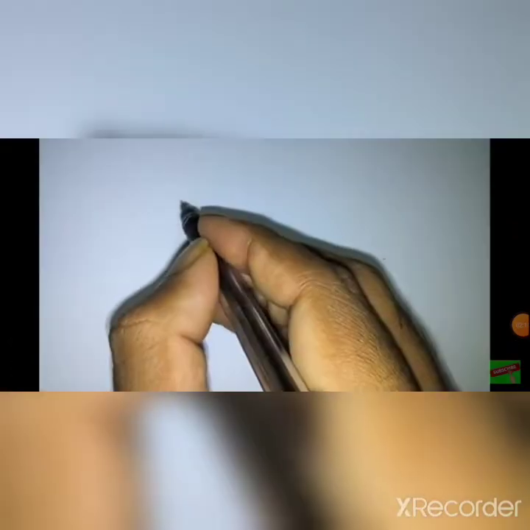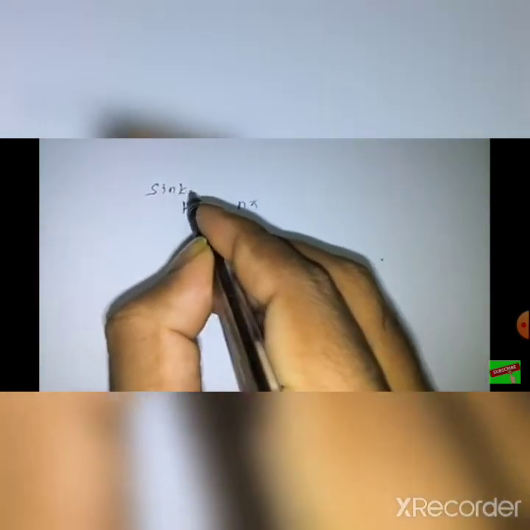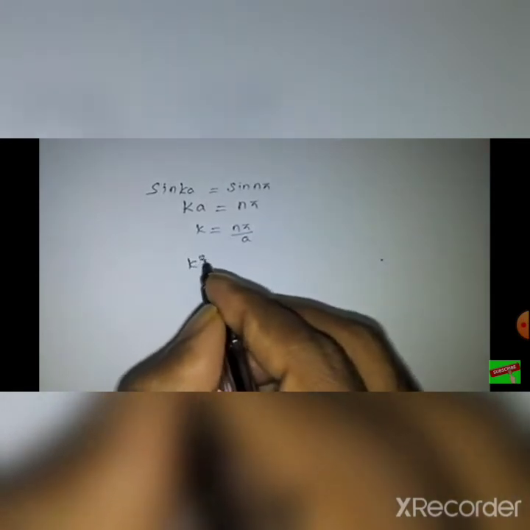After applying the boundary conditions, 0 and the length of the box, we continue: sin ka is equal to sin n pi. From that ka is equal to n pi, then k is equal to n pi by a. Here k is the propagation constant and a is the length of the box.